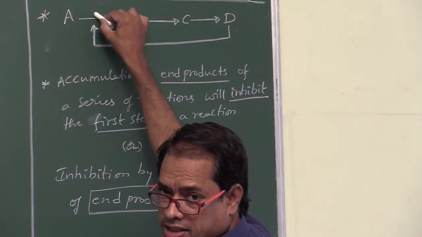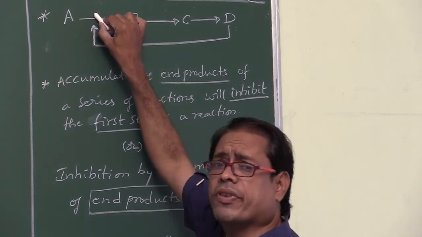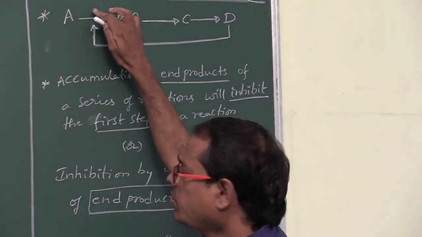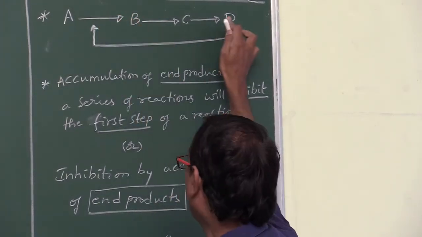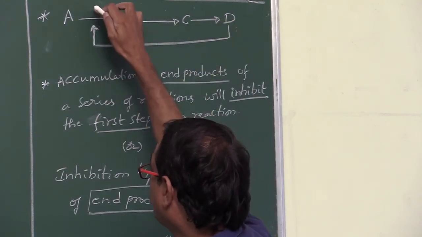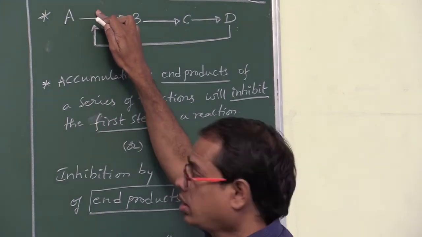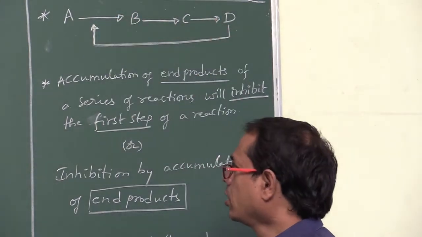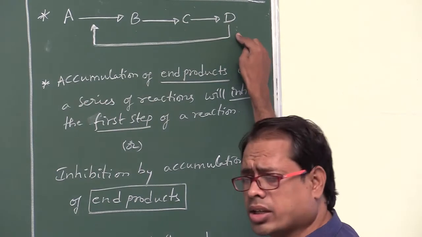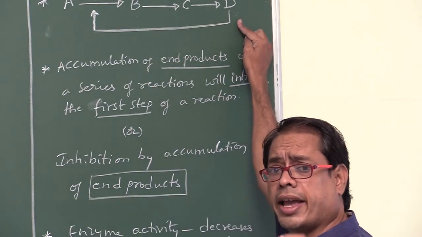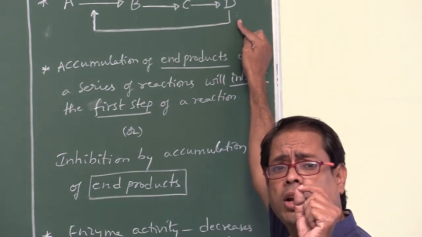So this D comes back and attaches to the enzyme of the first reaction, so the reaction will be prevented. You have to say end product only, don't say intermediate product.